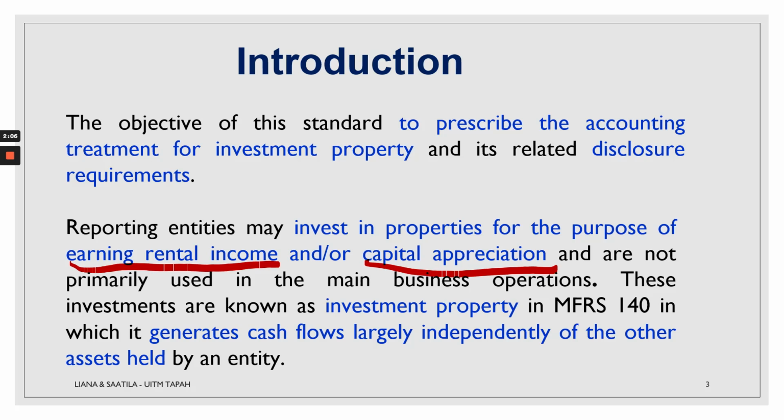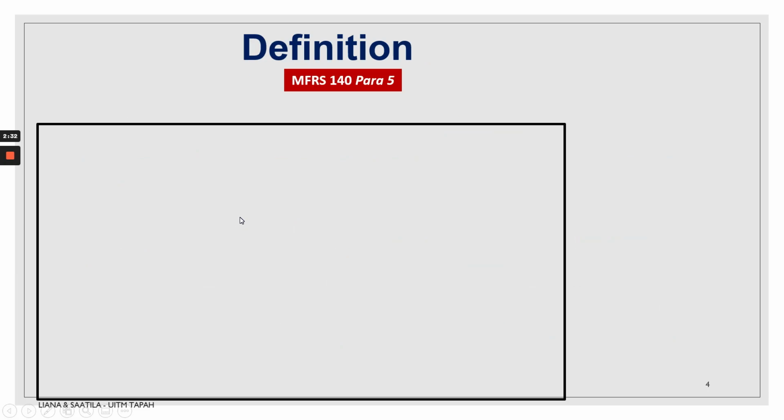These items, which are land and buildings, are not primarily used in the main business operation. If you have this investment, these are known as investment property under MFRS 140, where the investment property will be able to generate cash flow largely independently of the other assets held by the reporting entity.